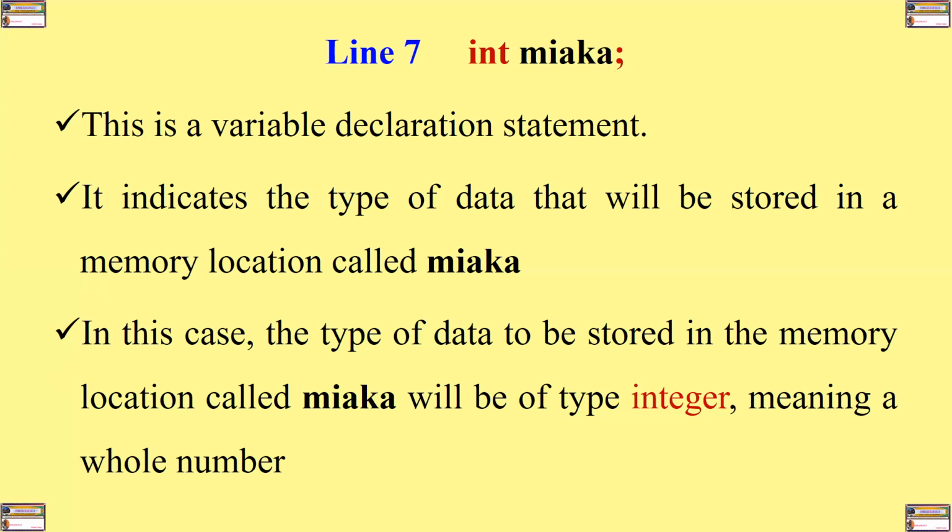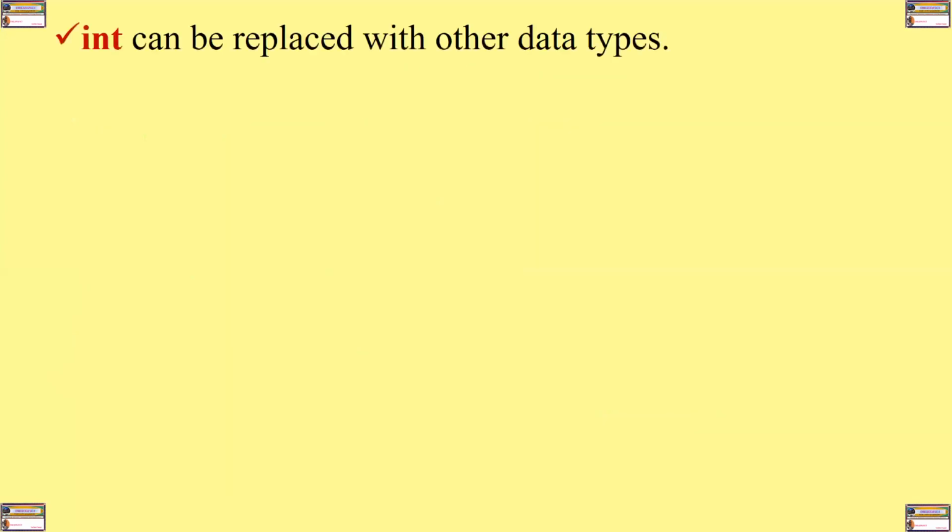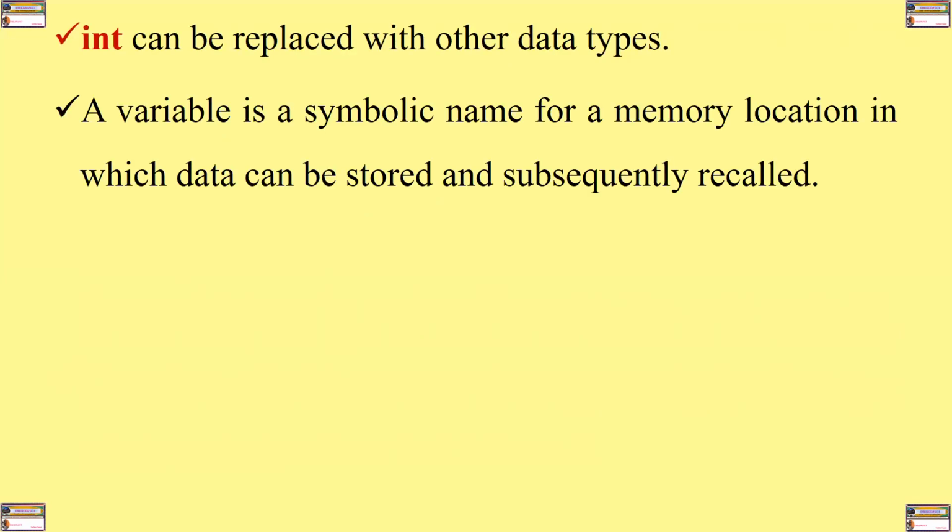Therefore, miaka can be in any language. In other words, a variable name can be in any language, but the data type must be one that is known or that you define before you use it. It can be replaced with other data types that I'm going to discuss in subsequent presentations.